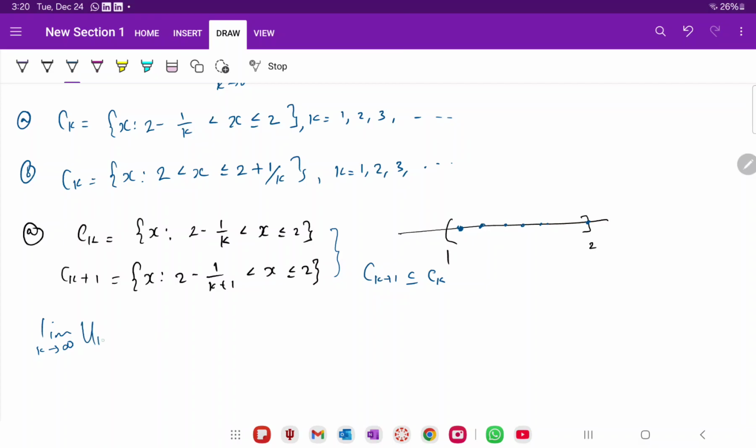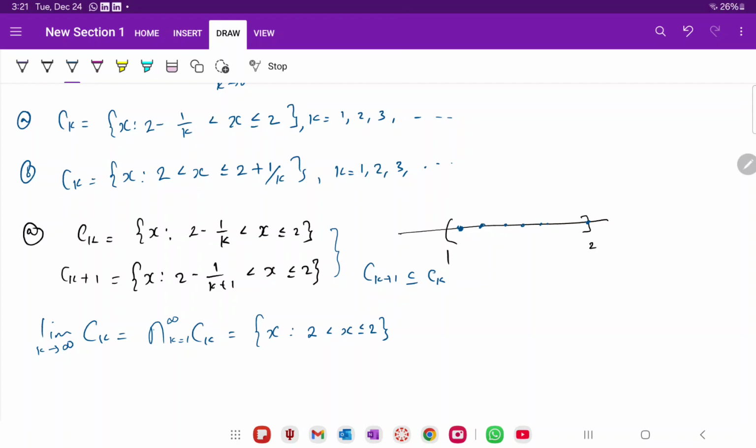Alright, then the limit of a non-increasing sequence is given to be the intersection. We have the intersection of this, and that will be equal to x such that for large k, this will be 2 less than x less than or equal to 2.